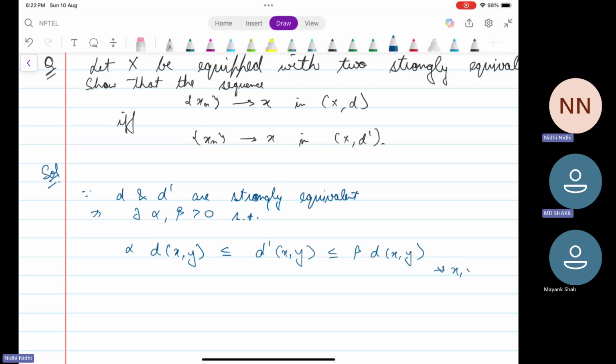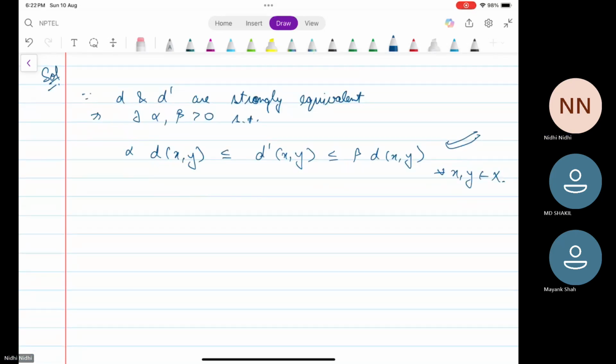Can we do it by x_n converging to x in (X,d)? That means d(x_n,x) is less than epsilon for n greater than or equal to capital N. And then we use the fact of strong equivalence, that is alpha, beta, and change the epsilon accordingly. Yes, exactly.